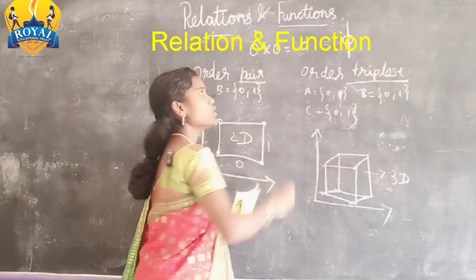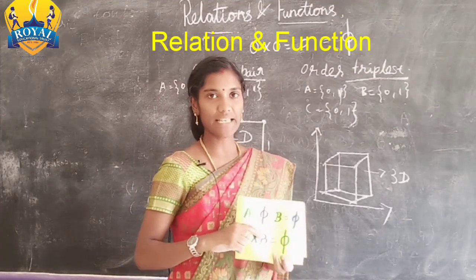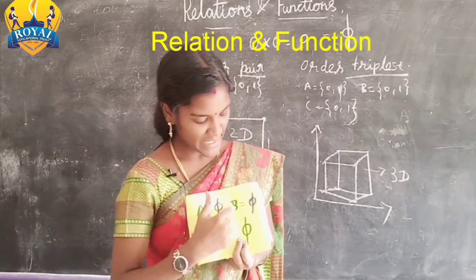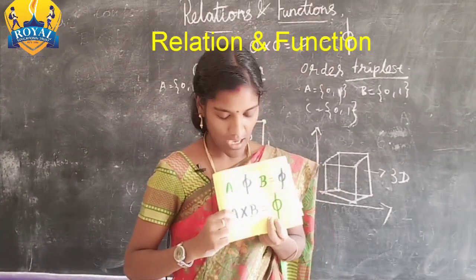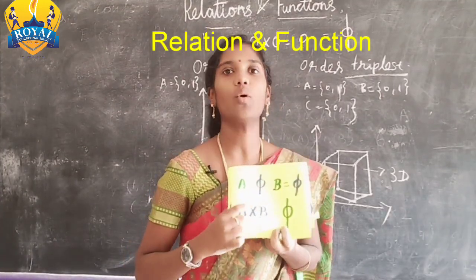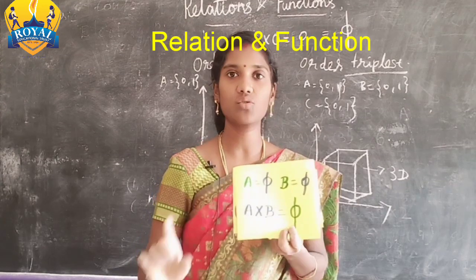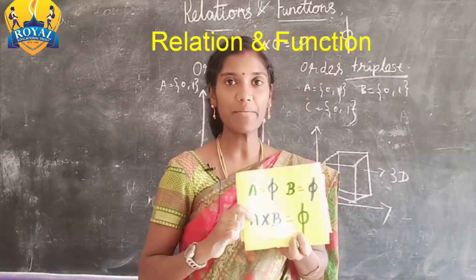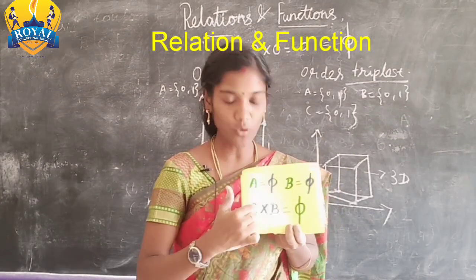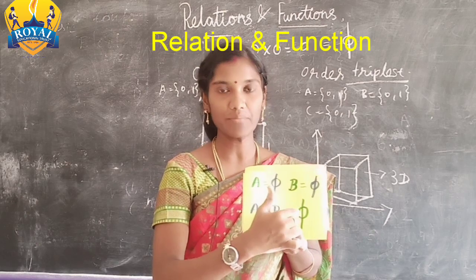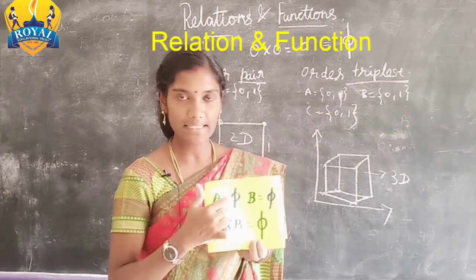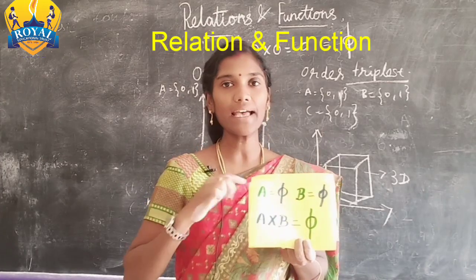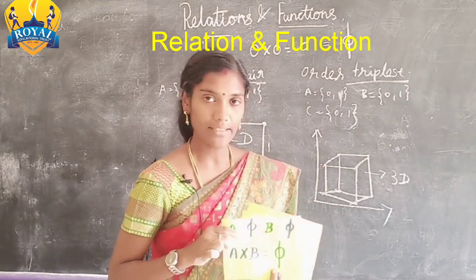So if A is empty and B is empty, then if you take the product of the two sets, the answer is also empty. So A is equal to the null set, B is equal to the null set, so A cross B is also a null set. This is another condition.